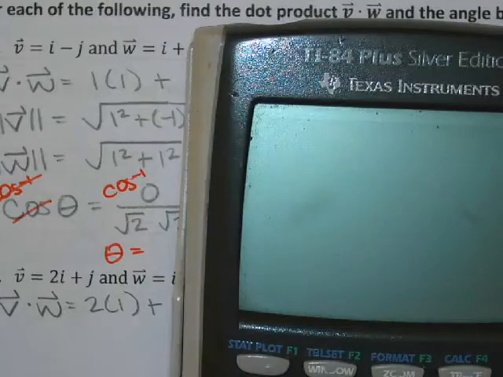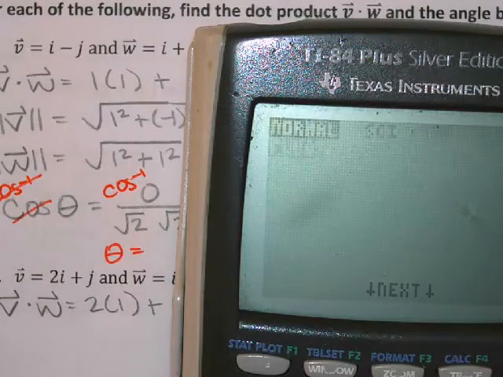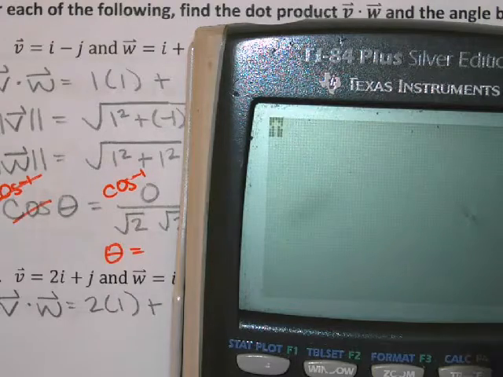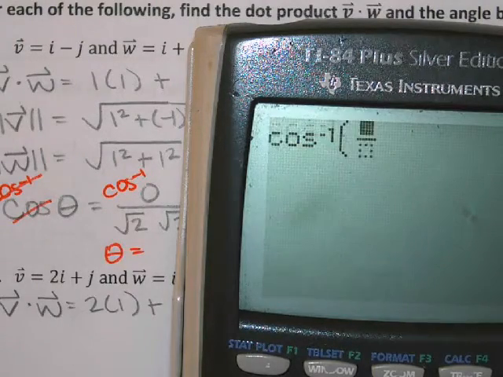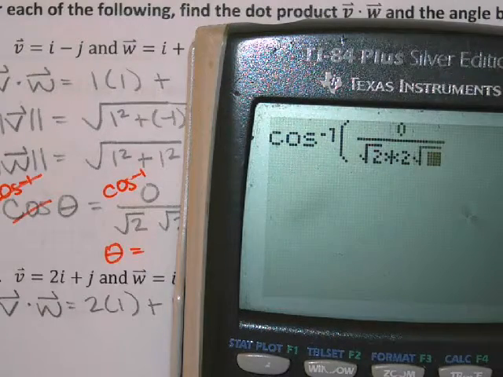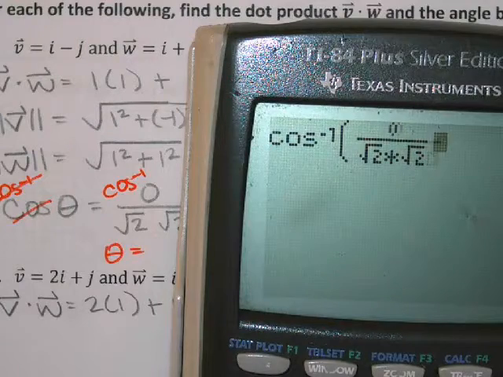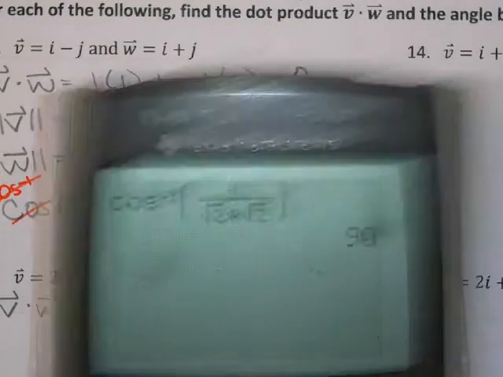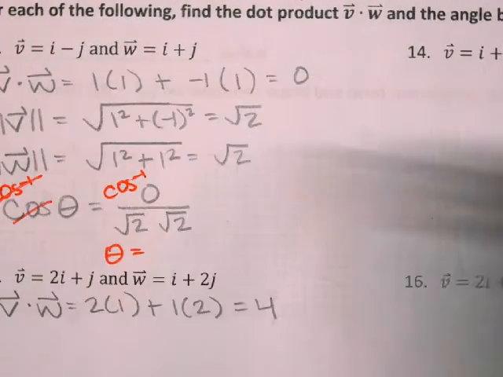And don't forget to make sure that your mode is in degrees. So then I can do cos inverse of 0 divided by root 2 times root 2. And so I get that the angle is 90 degrees.